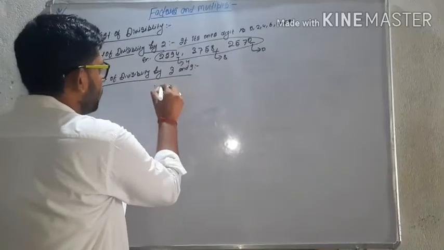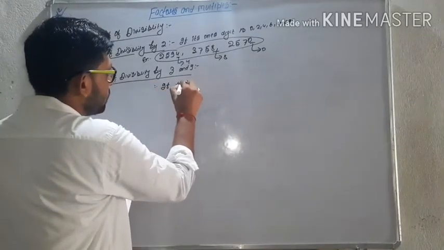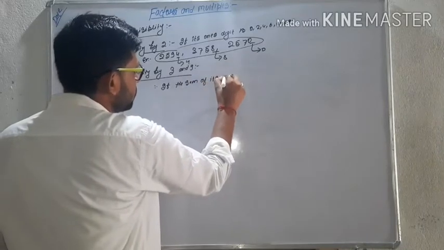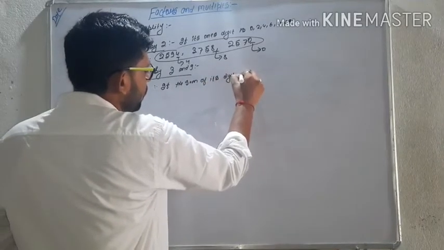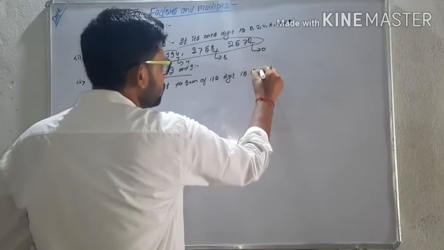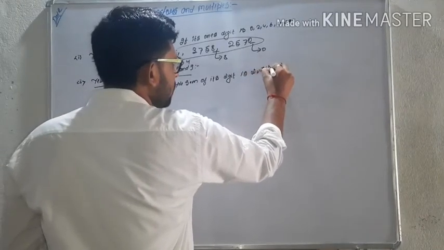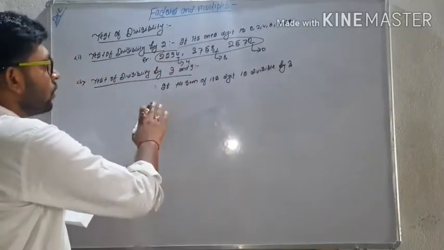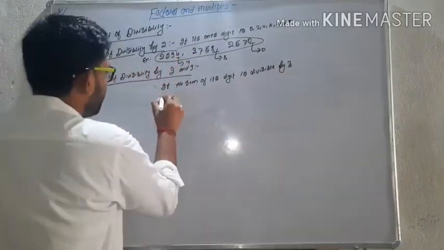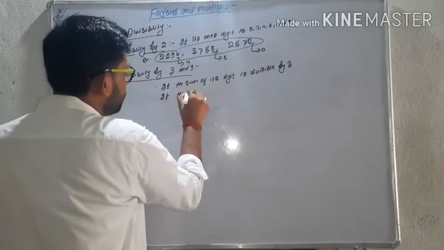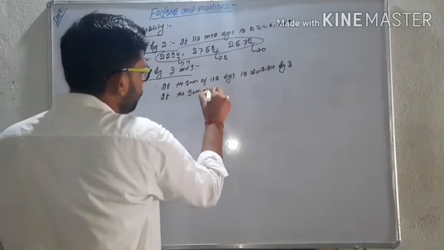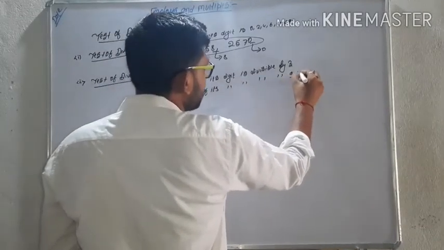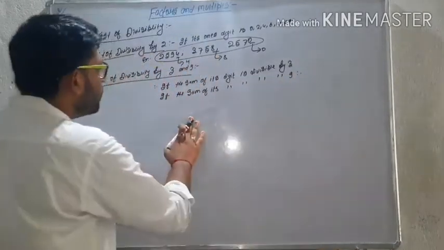That means if the sum of the digits is divisible by 3, then the whole number is divisible by 3, and if the sum of the digits is divisible by 9, then the whole number is divisible by 9.